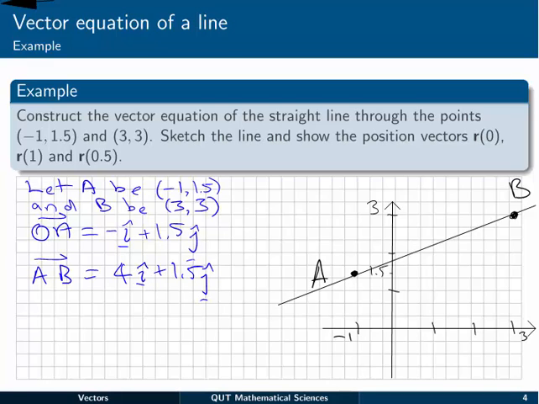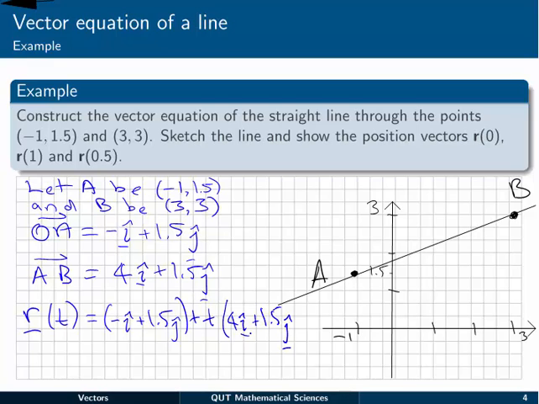Then we can substitute those into the formula for the equation of the line. r of t is OA, or minus i plus 1.5j, plus t times the displacement vector AB. So t times 4i plus 1.5j.